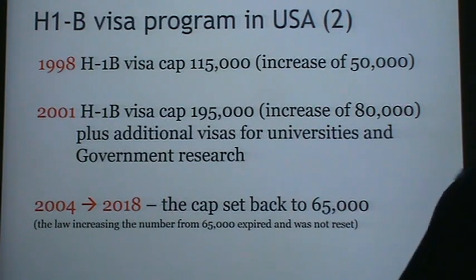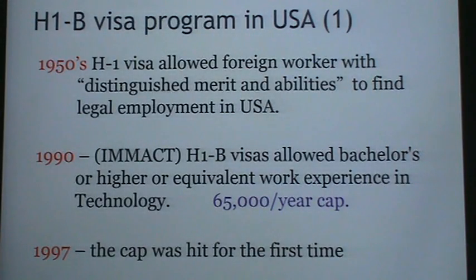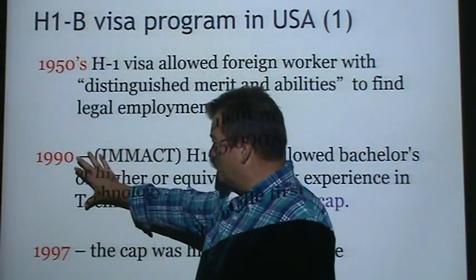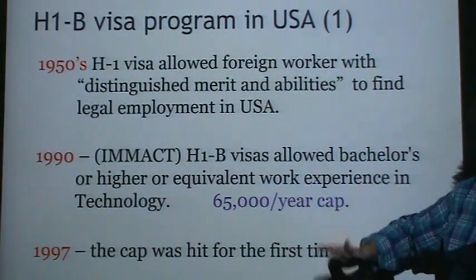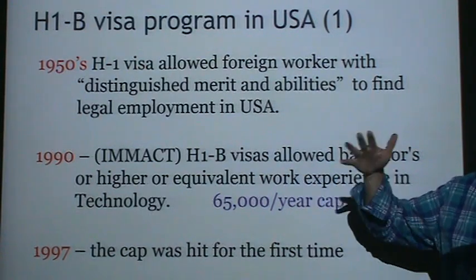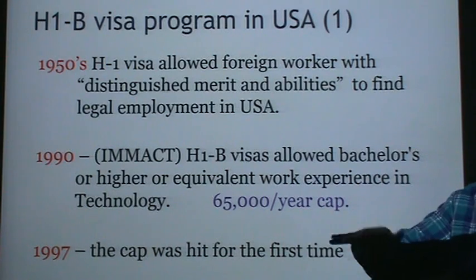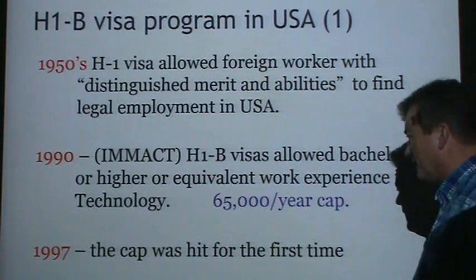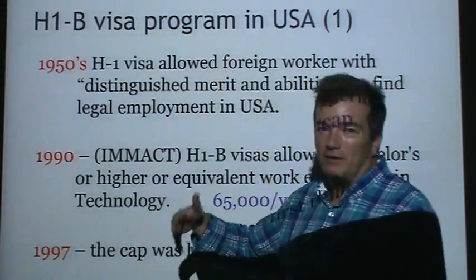Yeah, so it was originally, from 1990 when it started, 65,000 a year, and there were always fewer than 65,000 people applying every year until 1997. Then more than 65,000 applied, so the cap got hit for the first time. There was really no reason to increase it before, because there weren't enough applicants.